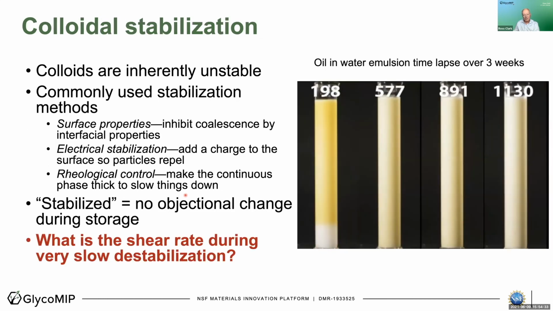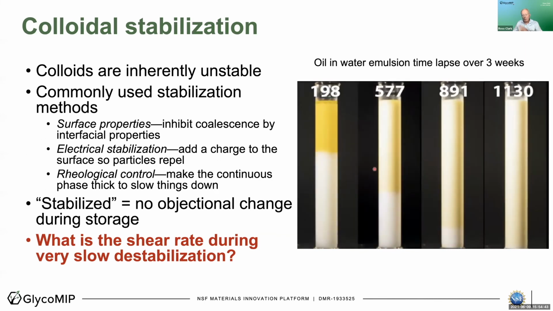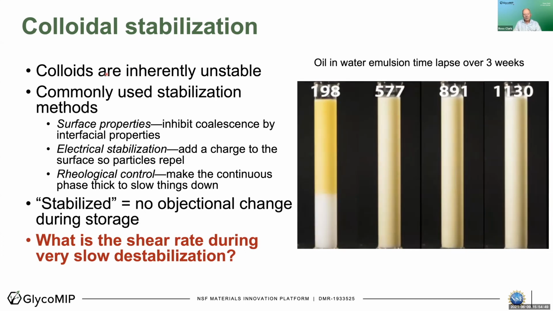The video that's playing here shows an oil and water emulsion breaking over about a 3-week period of time. So we'll let that play while I explain that all colloids are inherently unstable. Commonly used stabilization methods fall into one of 3 broad categories. You change something about the surface.